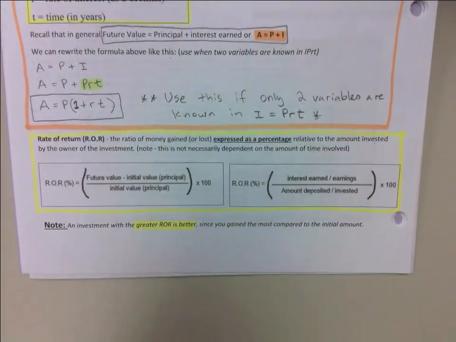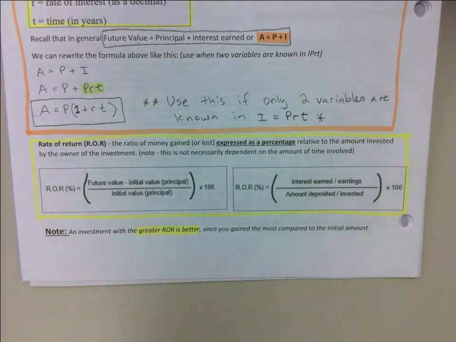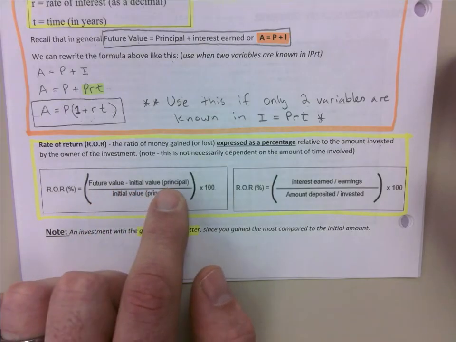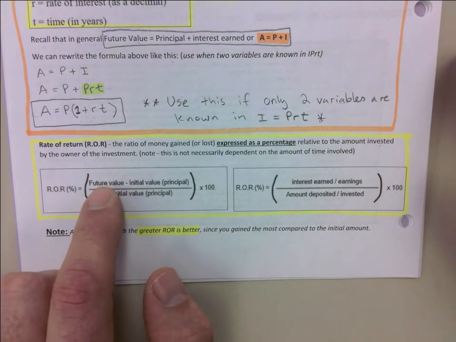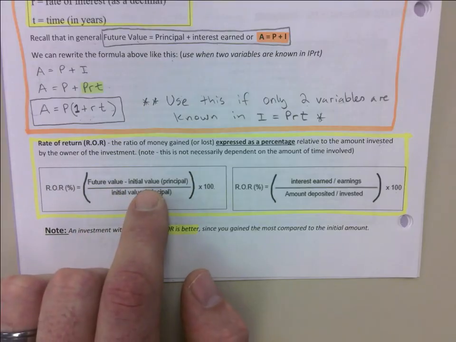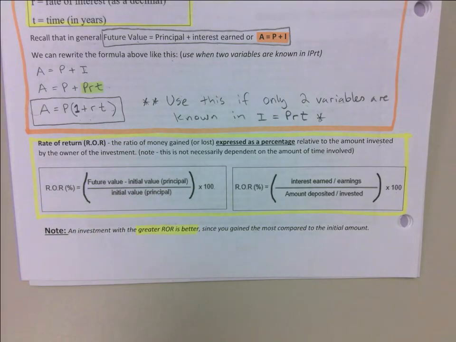Then we did rate of return, and there are variations of this formula. One way could be to take the future value and subtract the principal from it. So A minus P gives you I, right, guys? Future value minus how much you put in, that's the interest you've earned.